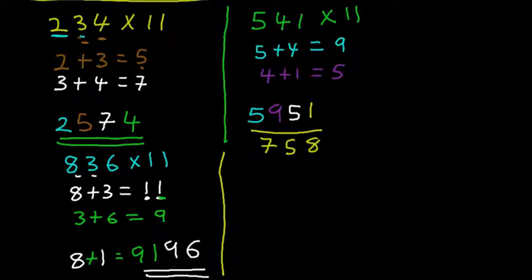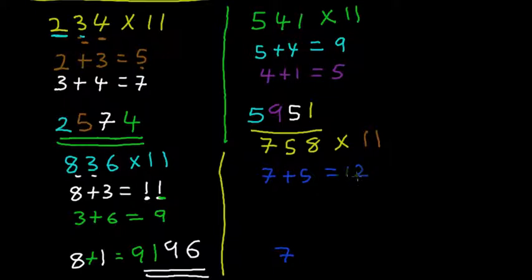758 times 11. You write down the first digit. Then you add up the first and the second digit, 7 plus 5, which gives you 12.